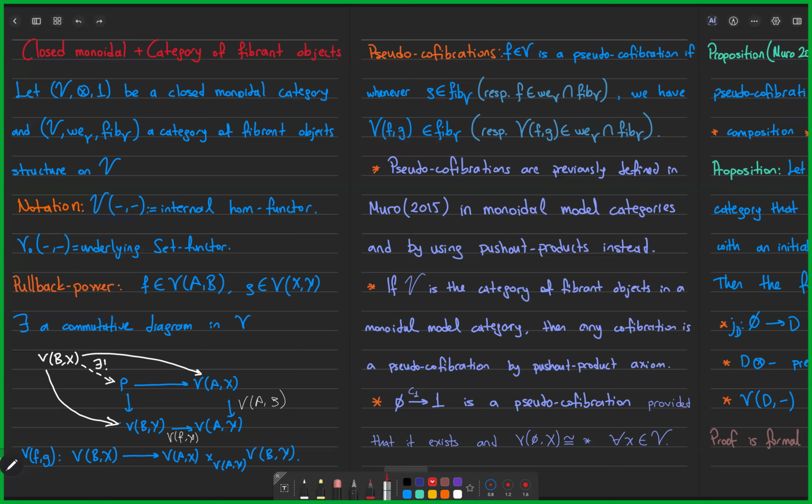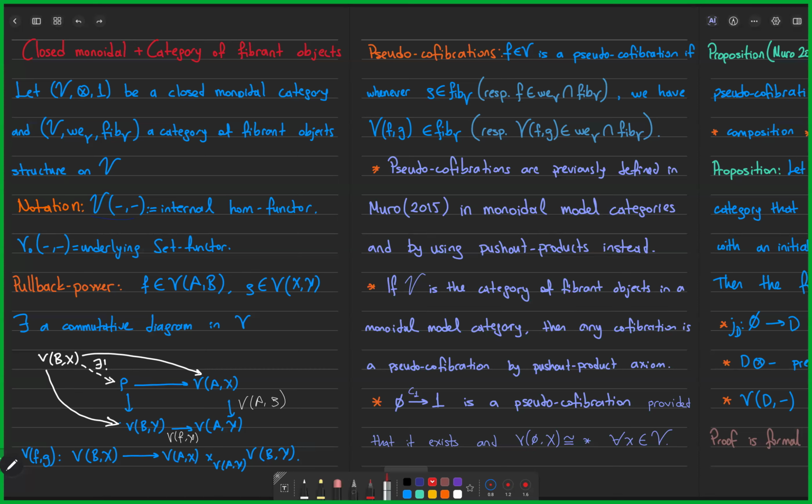So a pseudo-cofibration is a map whose pullback power with fibrations is a fibration, and whose pullback power with acyclic fibrations is an acyclic fibration. They have similar properties as cofibrations, though of course they are much weaker.